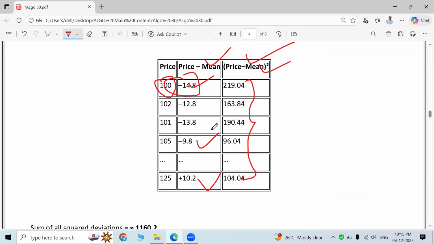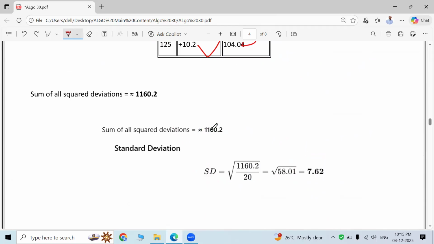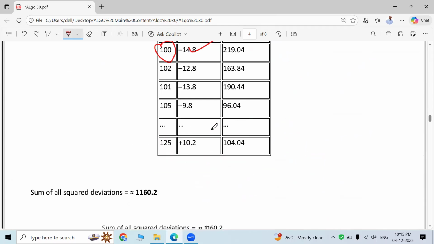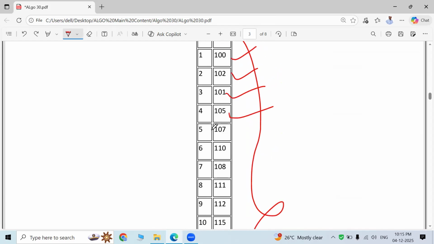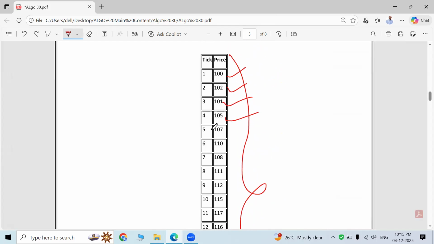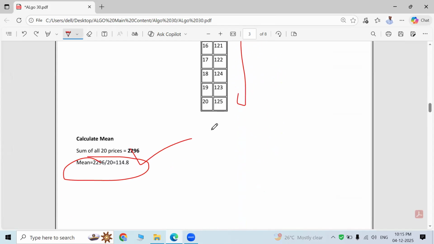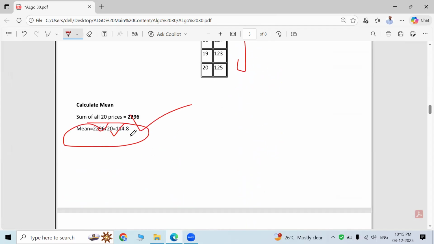Okay, let me explain this one more time, then it will be very clear. We have 20 readings in the market. The first step is to add all these readings, then divide by 20 because we have 20 readings. So we get the mean.